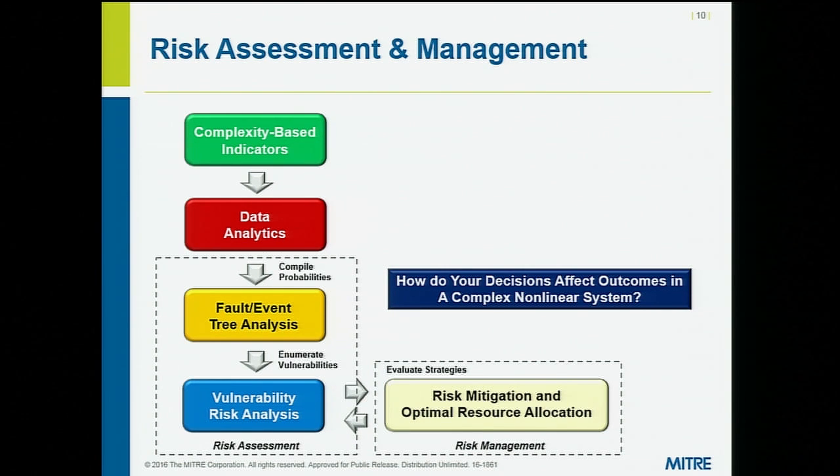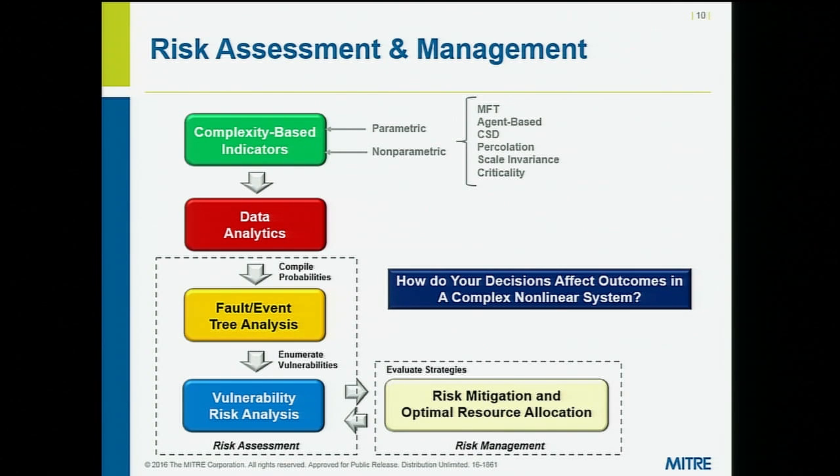But based on that, we can then develop a vulnerability and risk analysis by saying, if these things happen in this particular order for this particular system, then we can assess the probability of a vulnerability occurring.